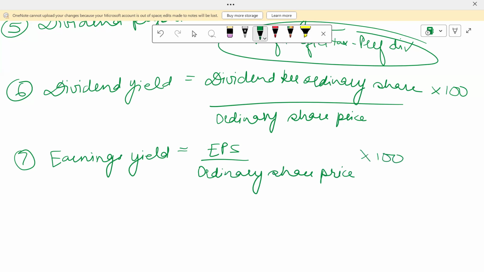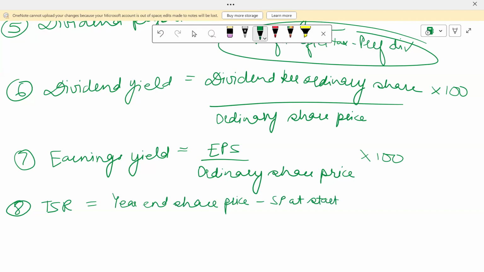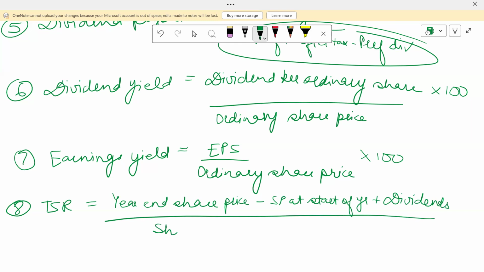Then last but not the least is called total shareholder return, the TSR ratio. This is equal to your year-end share price minus share price at the start of the year, plus the dividends that were paid during the year, dividing this whole thing by the share price at year end.